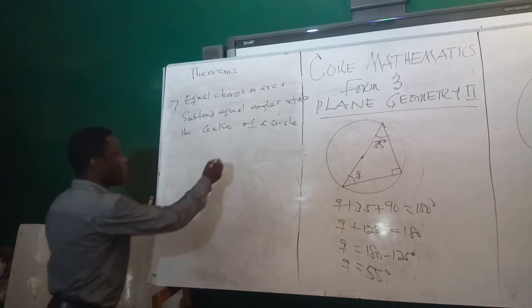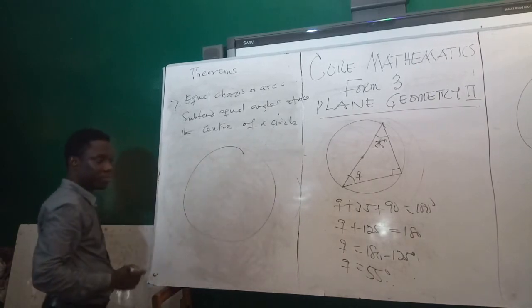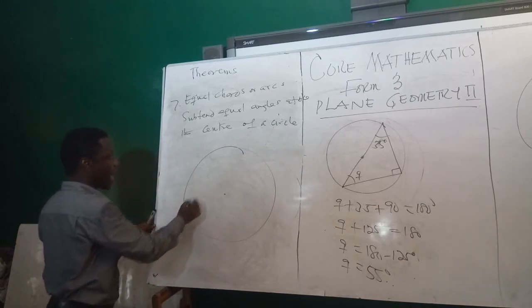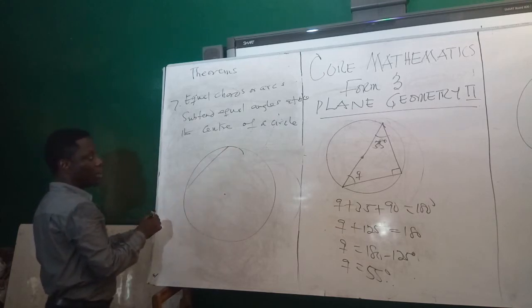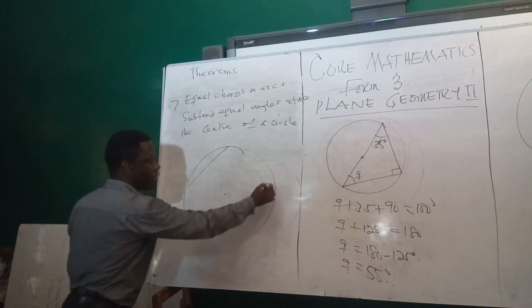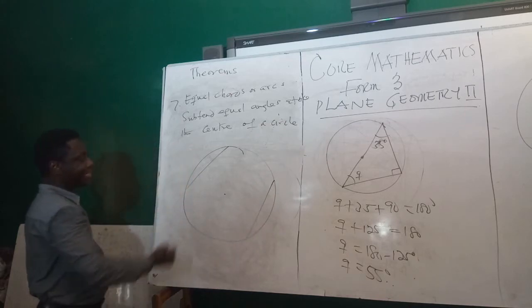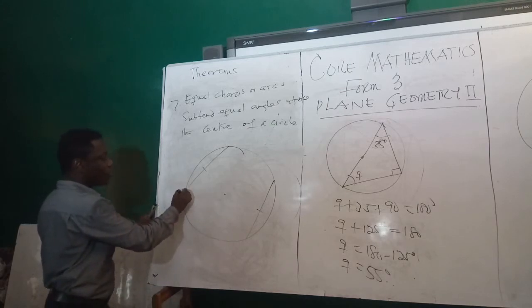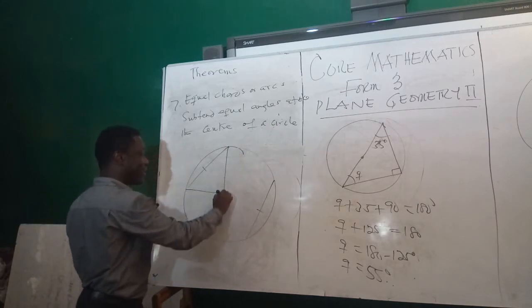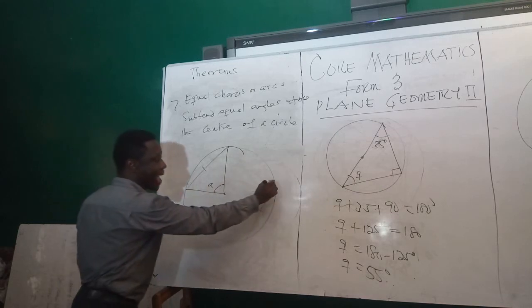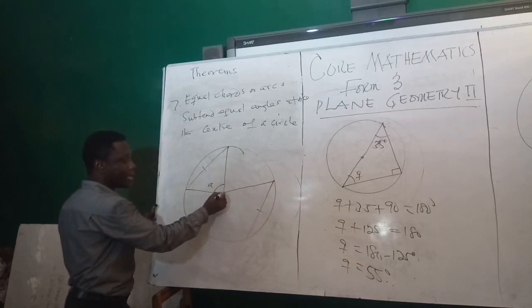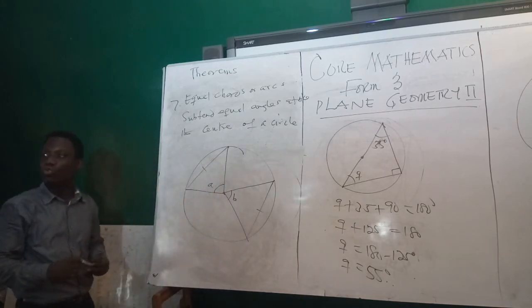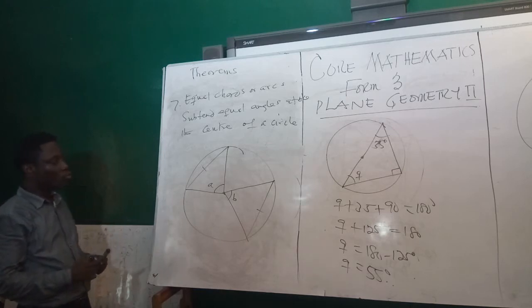What it simply means is that if I had a circle with a center, of course, and I had a chord, and I had another chord, maybe somewhere there, and this chord is equal to this chord, then when the ends of this chord form an angle here at the center, say A, and the ends of this other chord also form an angle at the center, let's say B, the concept says that those two angles are supposed to be equal.